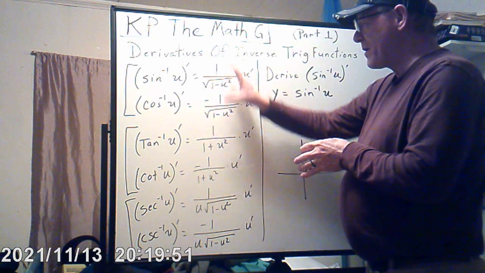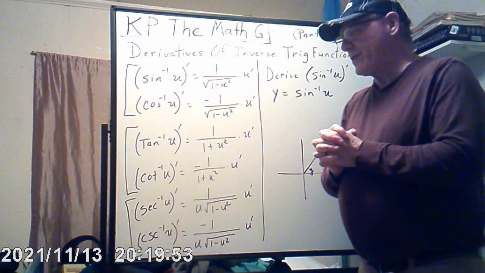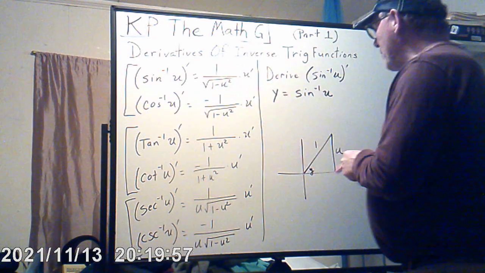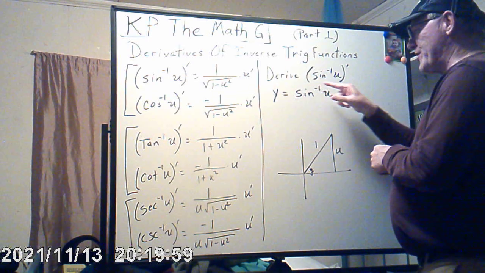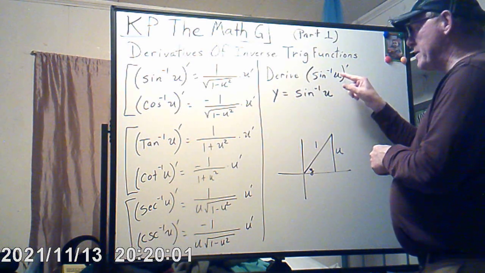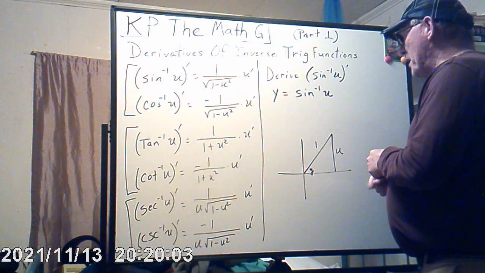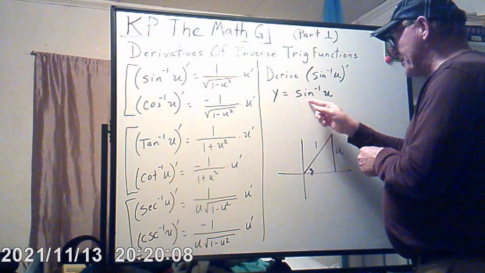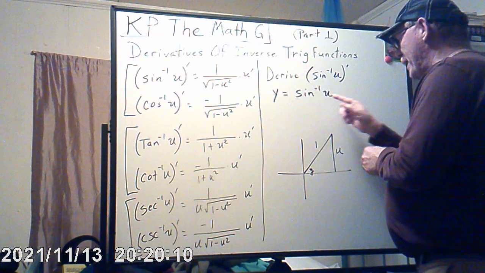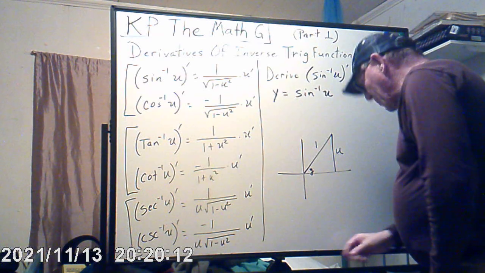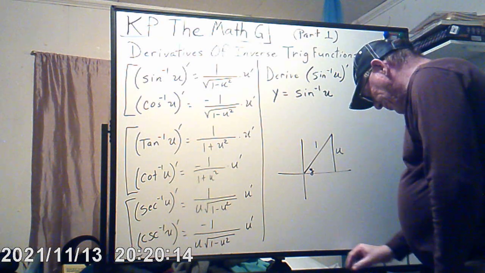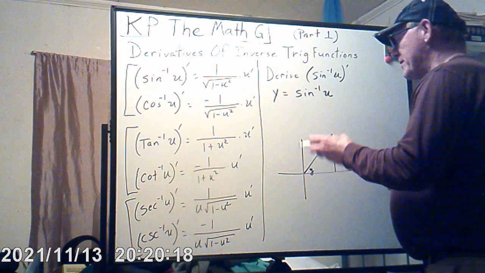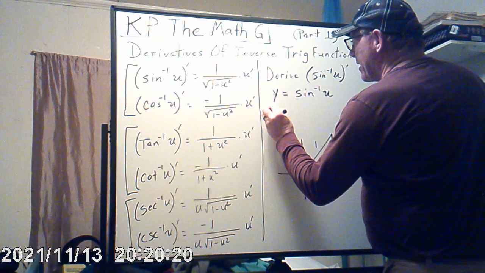So what I want for us to be able to see is that we do get the same thing. I want to derive this derivative here. So we can say that y is equal to the inverse of sine of u. And so what we can do is rewrite this as sine of y.